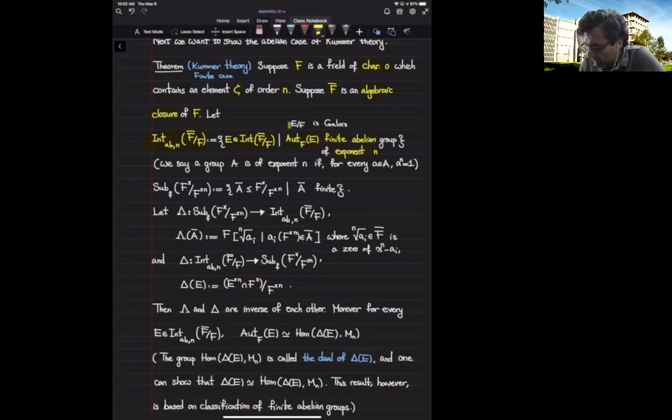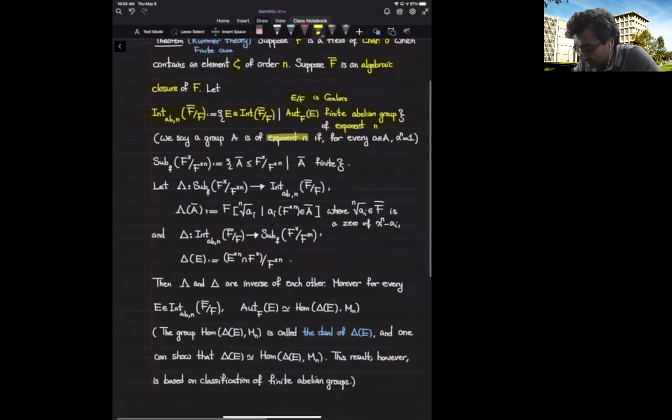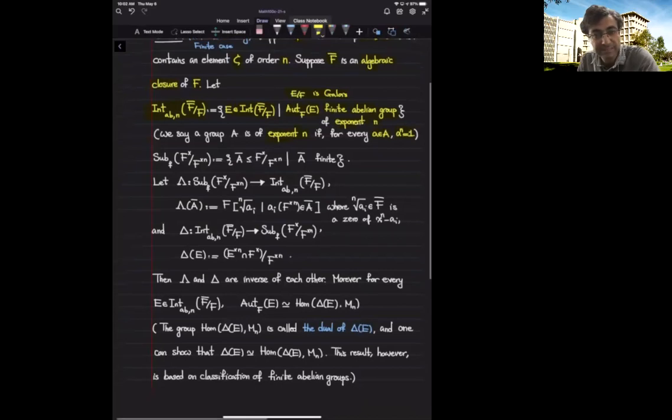It's a finite Galois extension, and the Galois group is an abelian group of exponent n. Again, exponent n means every element inside this group raised to power n is identity. So that means that it is of exponent n.